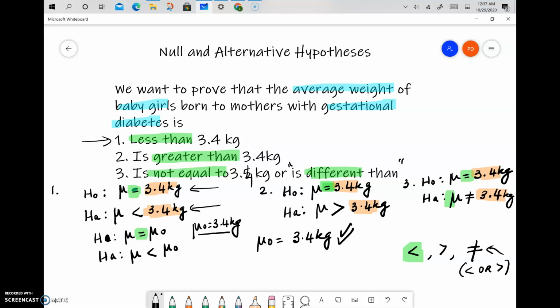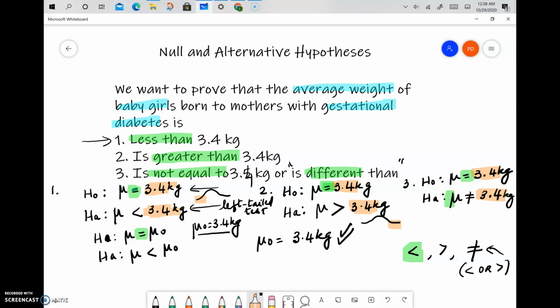Now, when the alternative hypothesis has a less than, we do a left-tailed test, which means we have to find the area to the left of the z statistic. When mu is greater than, then we do a right-tailed test.